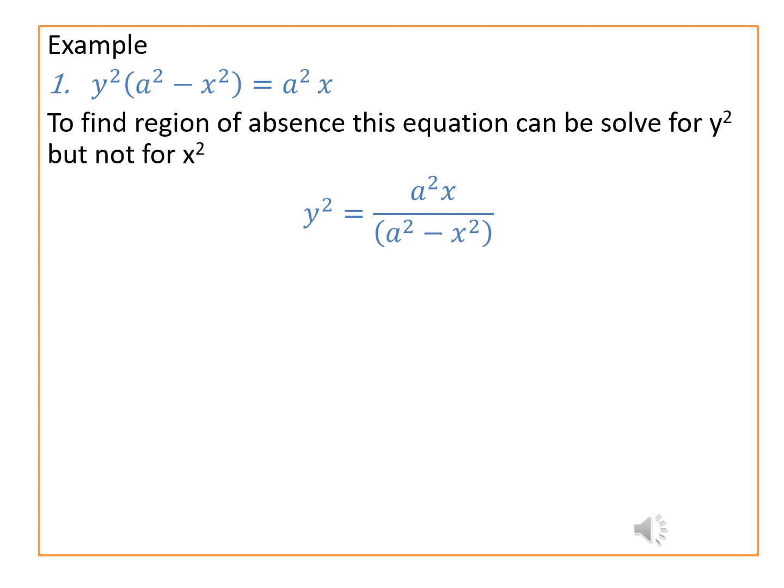So we can rewrite this equation as y square is equal to a square x whole upon a square minus x square. Now we need to find the values of x for which y square is positive, then the curve will exist for these values.